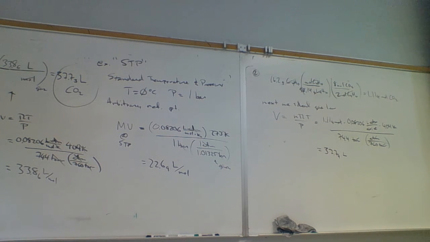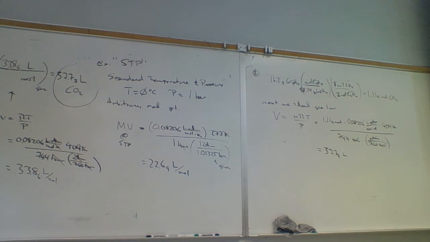So let's see what they got. They got 37.8. Oh, I see. Look at what they did. Here, 58.14, they got 58.12, so different rounding there. And then 33.9 for the molar volume, I got 33.86. So it's off a little bit. That's all right, that's within round off.